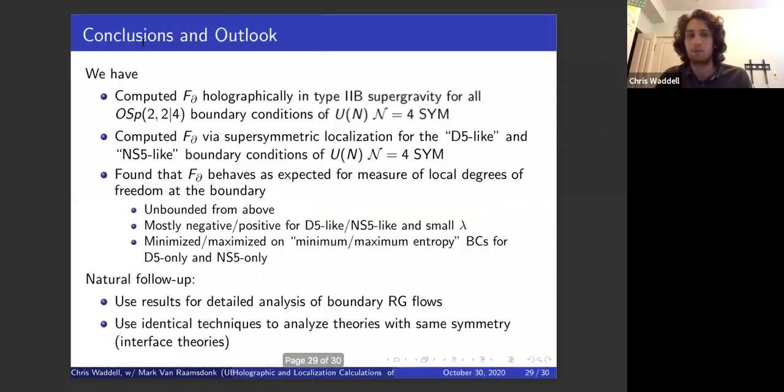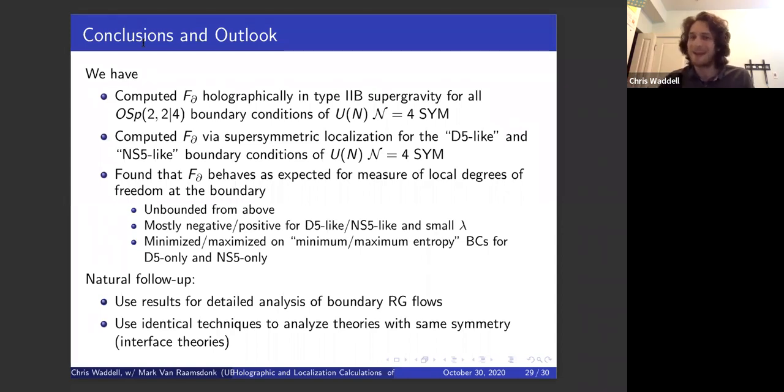So just to give some brief conclusions, essentially what we've done in this talk is seen a computation of boundary F for the most general half-supersymmetric boundary conditions of the n=4 theory using holographic methods in the type 2b supergravity solutions of this type. We also computed boundary F via supersymmetric localization for the D5 type and NS5 type boundary conditions.